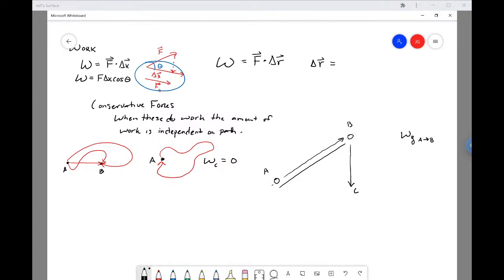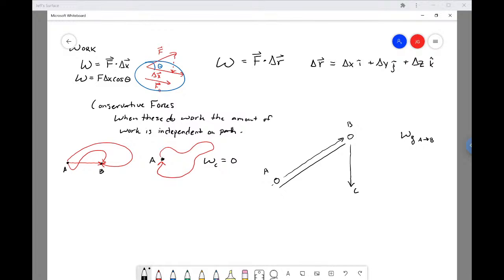So another way you can write work is it's the force dotted into, let's call it a delta R, where delta R is a displacement vector that has an x component, a y component, and a z component. So I can write out that vector like that. There's a delta x, a delta y, and a delta z. I hat, j hat, k hat.